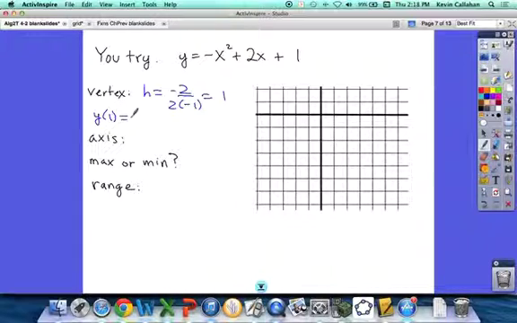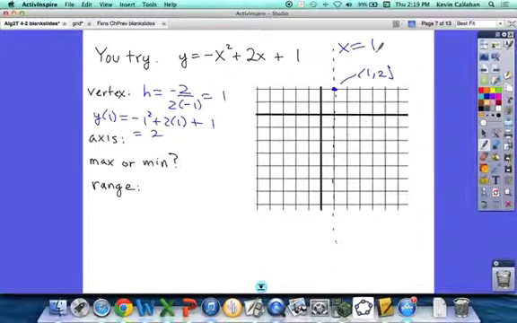So y of 1 will be -1 squared plus 2 times 1 plus 1, which is 2. So the vertex is 1, 2, which makes the axis of symmetry x equals 1, right? That's the axis of symmetry.